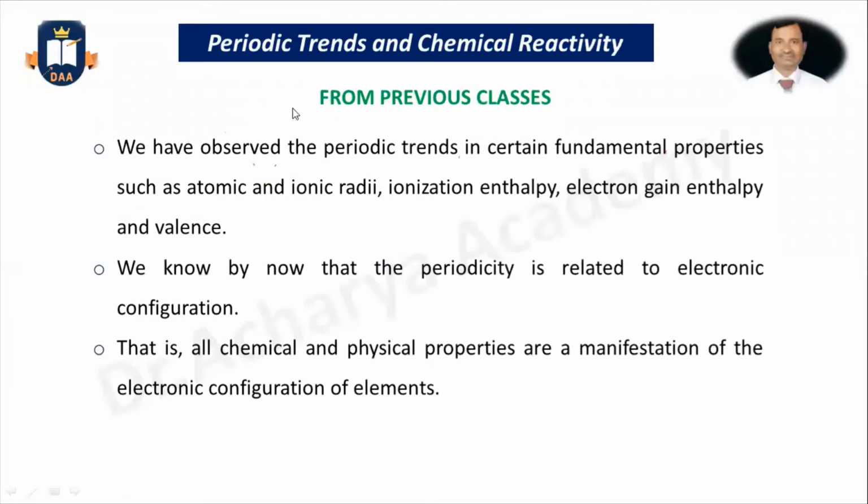In the previous class, we observed the periodic trends in certain fundamental properties such as atomic and ionic radius, ionization enthalpy, electron gain enthalpy, and valence or oxidation state. If you go through my previous class, you will understand these fundamental properties and their relation with the periodic trends of elements very clearly.